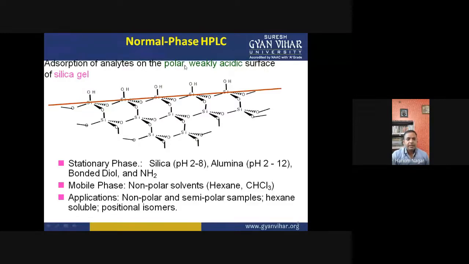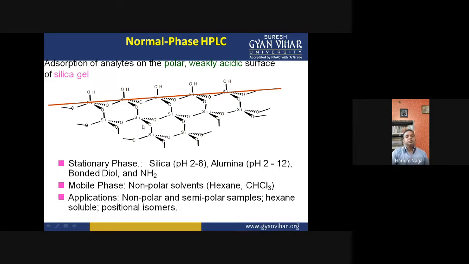In normal phase HPLC, the solvent is non-polar and the stationary phase is more polar, so since the mobile phase is non-polar, non-polar species will elute first, with a faster rate. The polar species will interact strongly with the stationary phase, so it will migrate with a slower rate and will elute later.